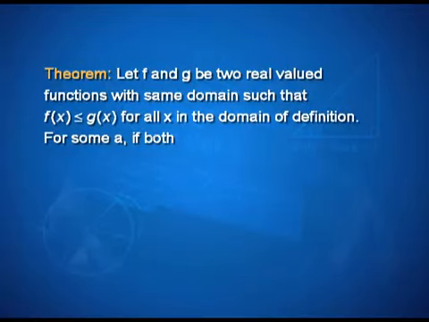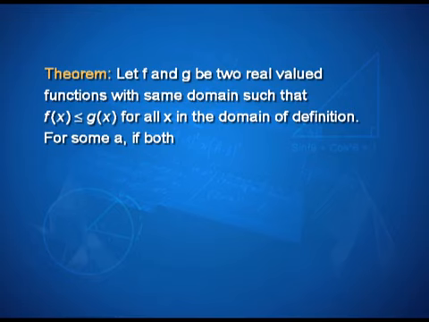Theorem number 1: let f and g be two real valued functions with the same domain such that f of x is less than or equal to g of x for all x in the domain of definition.